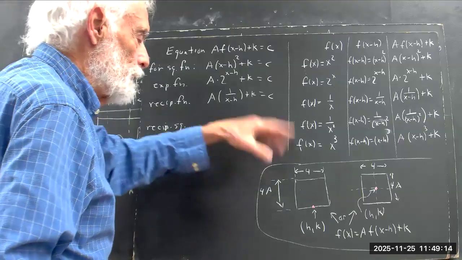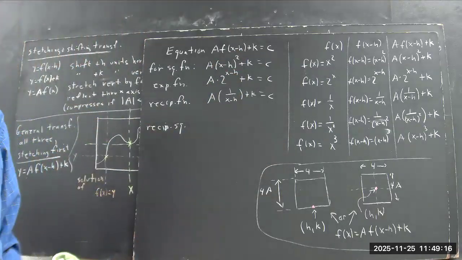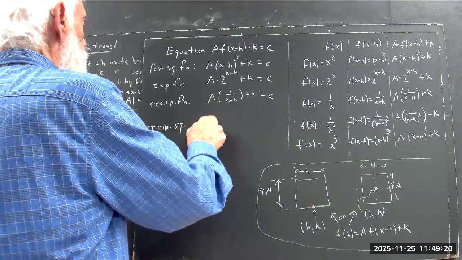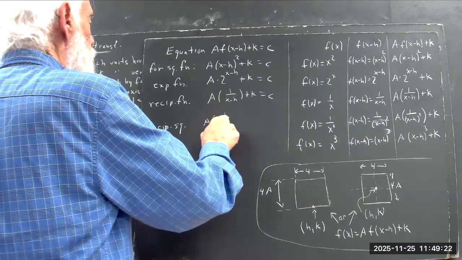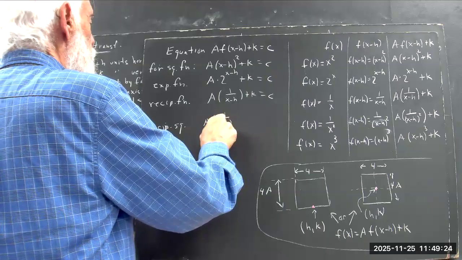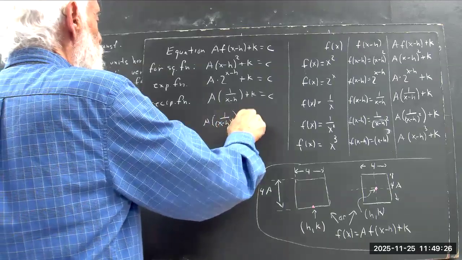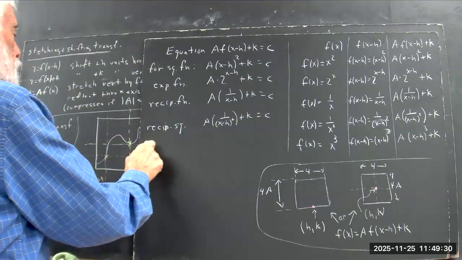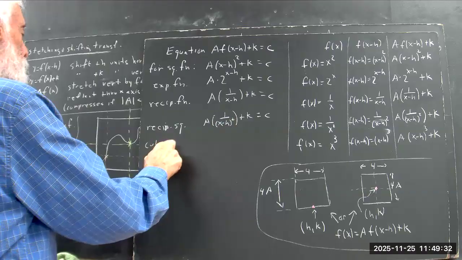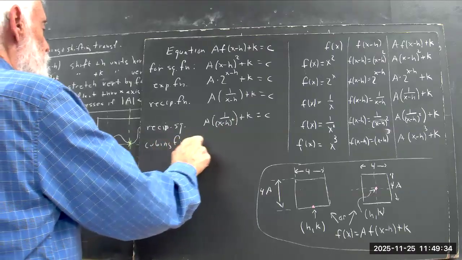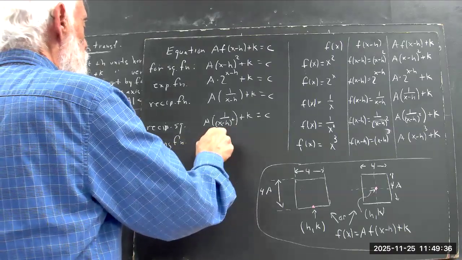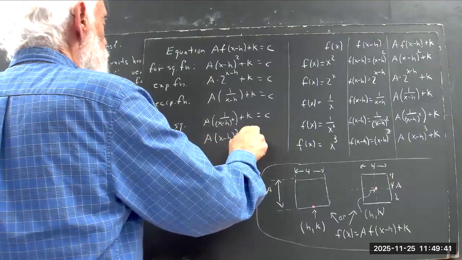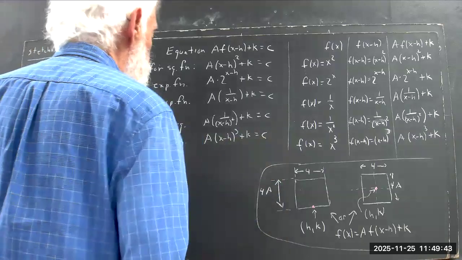and if you don't remember these names, you really need to review the toolkit functions because they're kind of the basis for the whole course. It's A times 1 over x minus h squared plus k equals c. And for the cubing function, it's A times the quantity x minus h cubed plus k equals c.